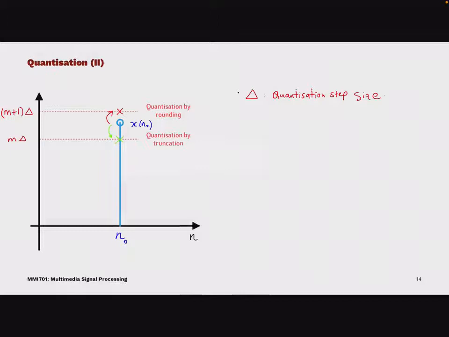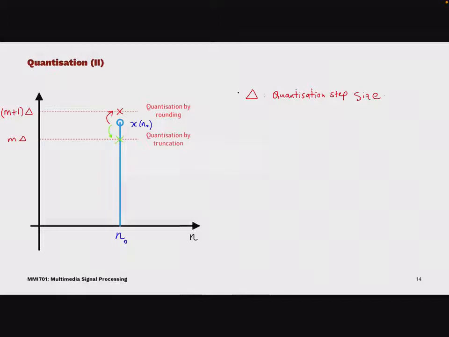That is your quantization step size. Obviously we're not going to use that kind of quantization, but it is important to remember this. You can have any type of quantization, but as long as you're using uniform quantization, you're going to have a quantization step size.